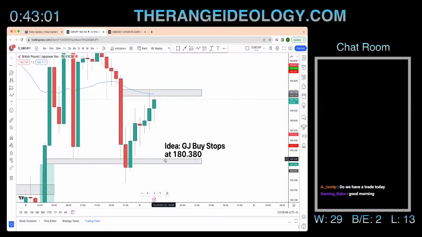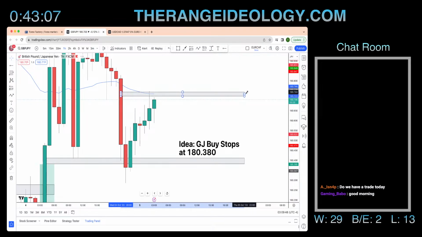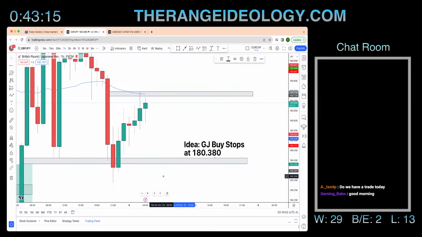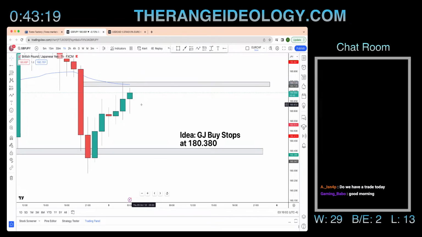Now, could we get a rejection here to the downside so we can potentially be able to execute the GJ buy stops once price reaches below that area? That is something we're going to have to be patient and see at a later time.